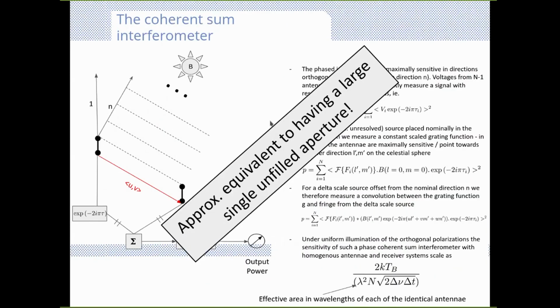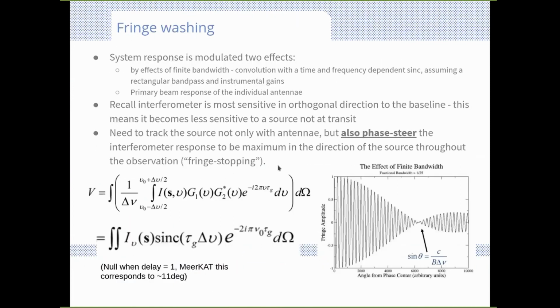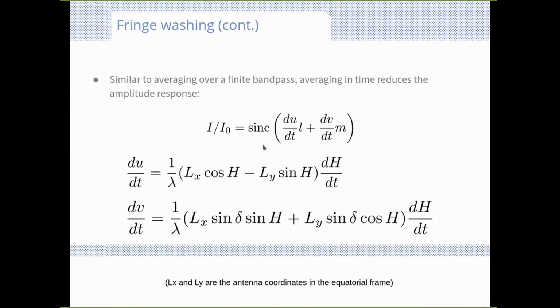So let's just go back to that extra slide here. Okay, so the time integration. Let's say you're integrating on MeerKAT at 8 seconds. Now, that integration interval, where L and M are the direction cosines to the source.